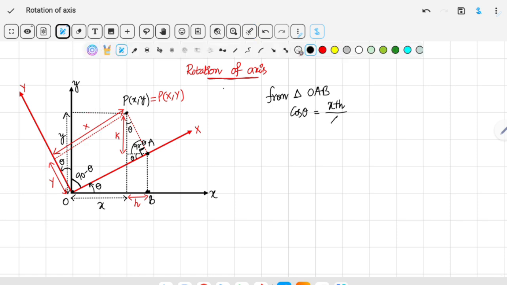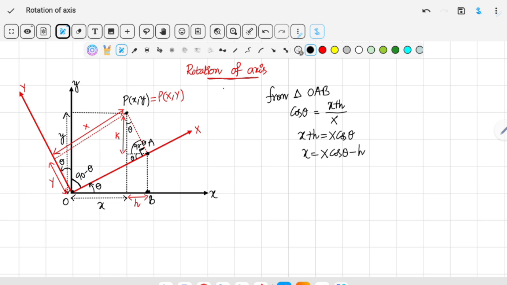So small x plus h by capital X is equal to cos theta. Therefore I can write small x plus h is equal to capital X cos theta, and small x is equal to capital X cos theta minus h.